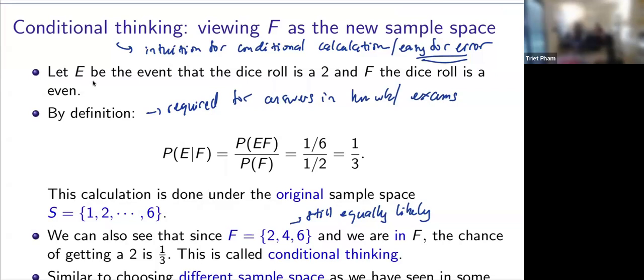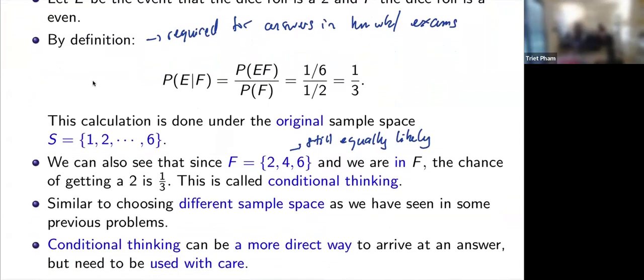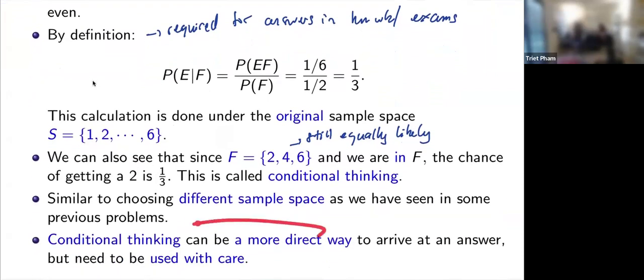Even though the approach might lead to the same valid answer, that would not be the approach that we accept as the formal answer for the exam and homework. Is that okay? All right. So that's what I'm saying.